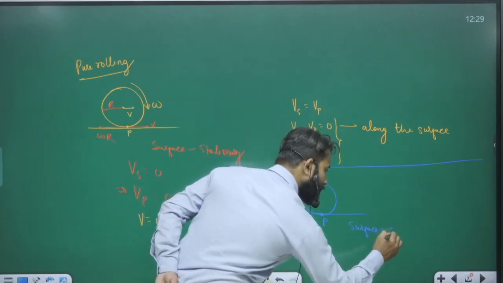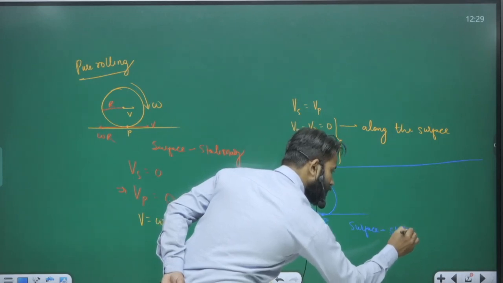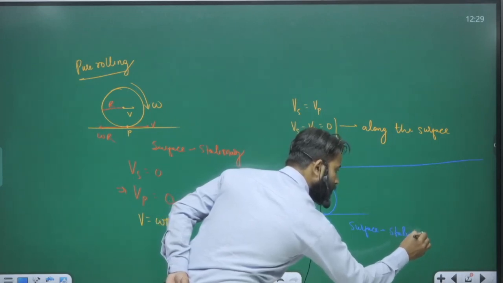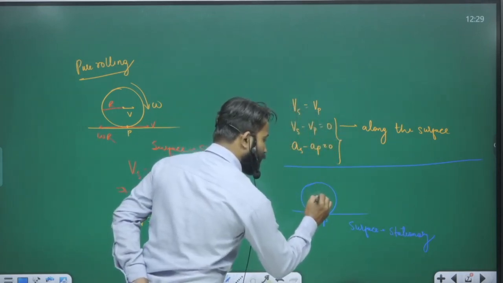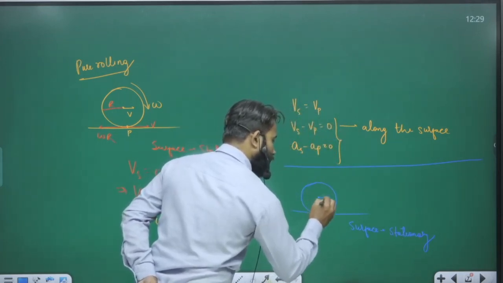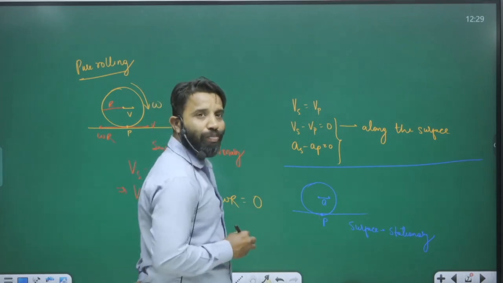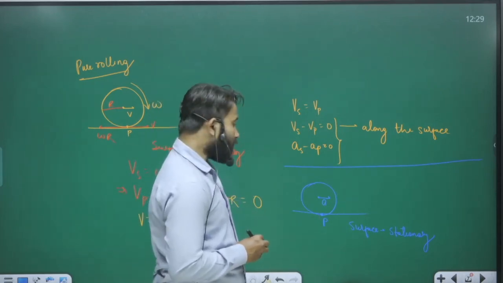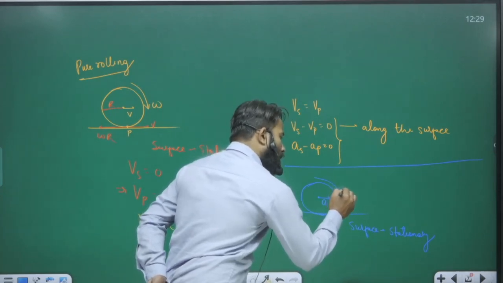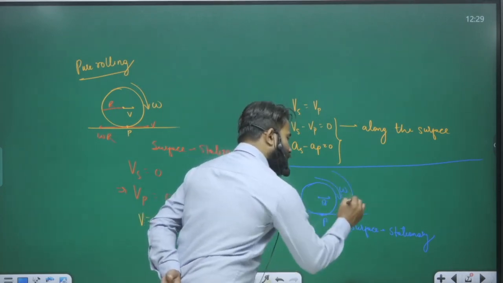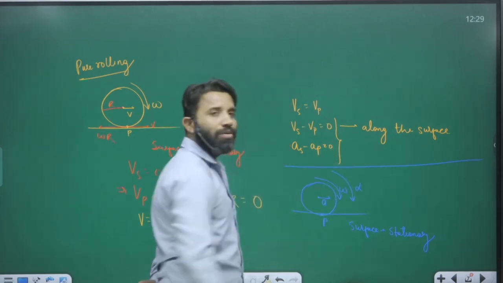This disc has an acceleration a, the center of mass has acceleration a in the forward direction, and it is moving with omega and has some angular acceleration alpha.